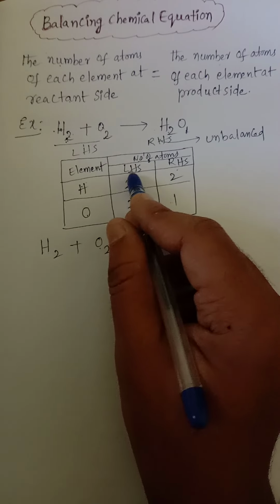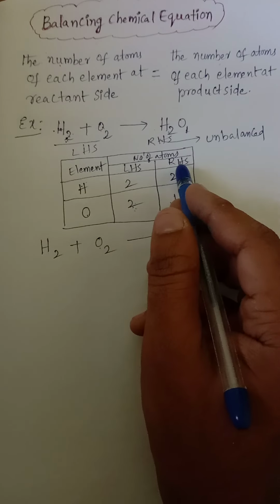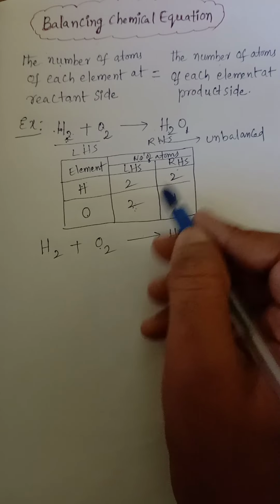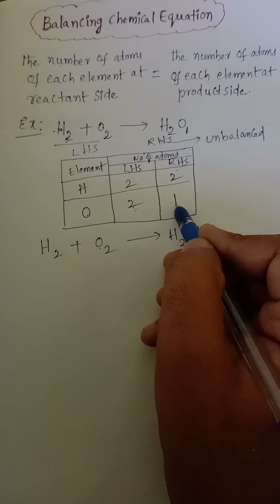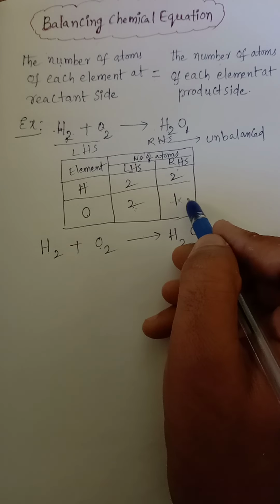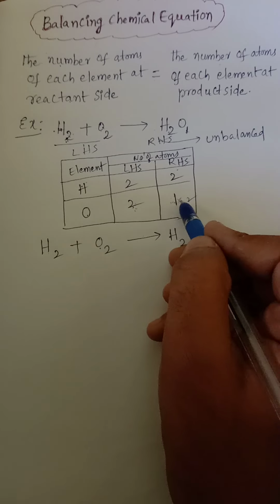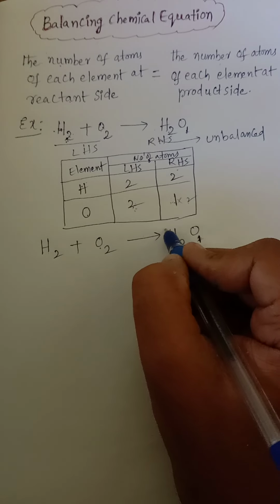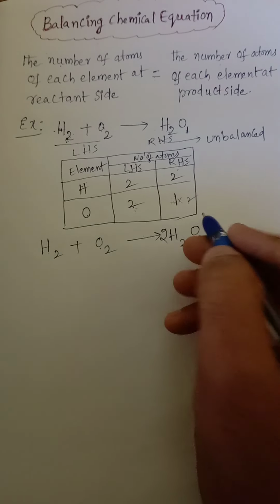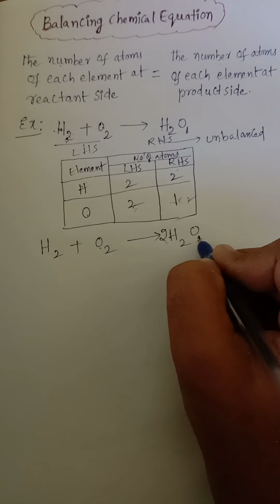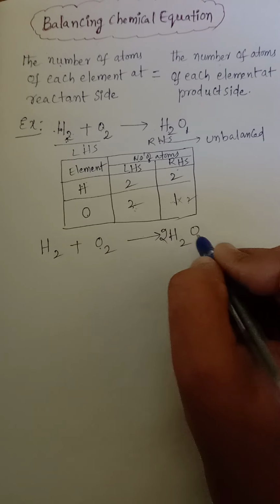On the LHS there are 2 atoms. We need to convert the value 1 into 2. For this, 1 into 2 becomes 2. So write the 2 as a coefficient. 1 into 2 becomes 2.